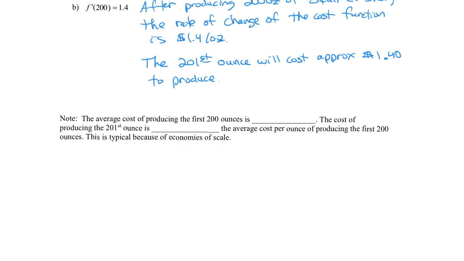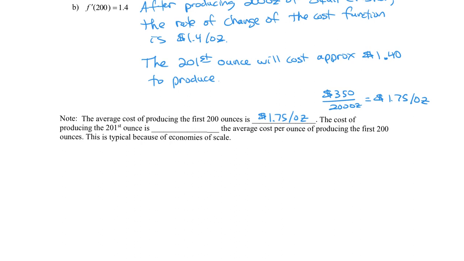Then we've got a little note here. It says the average cost of producing the first 200 ounces is $1.75 per ounce. Where this came from is I took the $350 to produce 200 ounces and divided that by 200 ounces, and that's where I got the average cost of $1.75 per ounce.